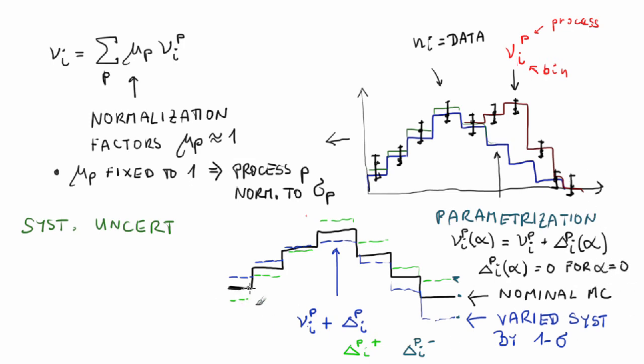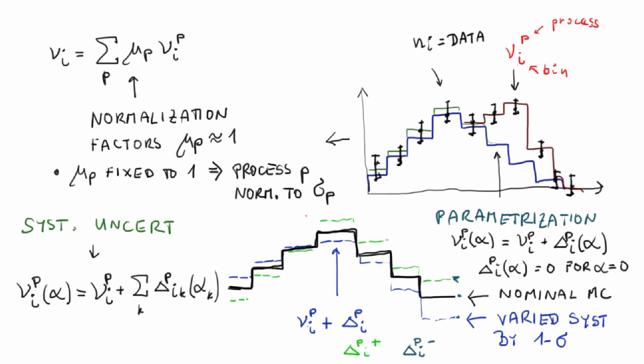Therefore, α equal to 0 corresponds to our best knowledge of the underlying parameter. Finally, we add up all variations due to the different sources of the systematic uncertainty. ν_pi(α) is equal to ν_pi plus the sum over k of δ_pik(α_k).